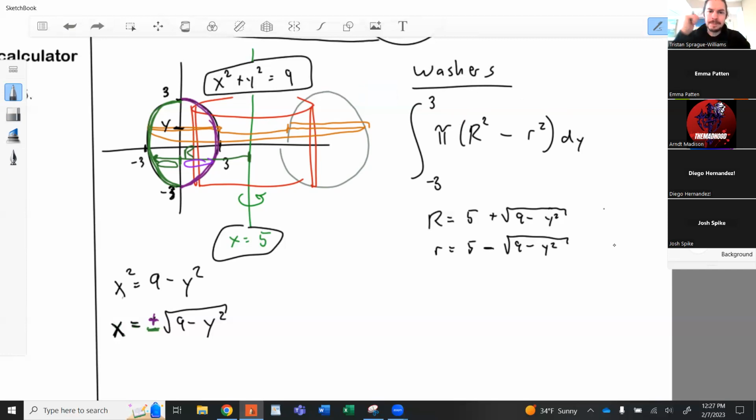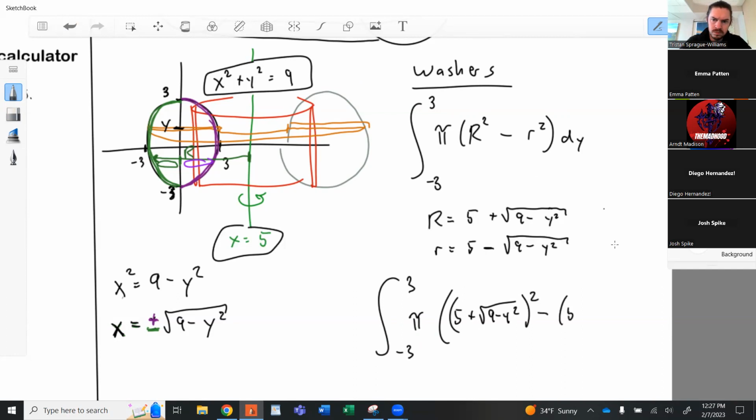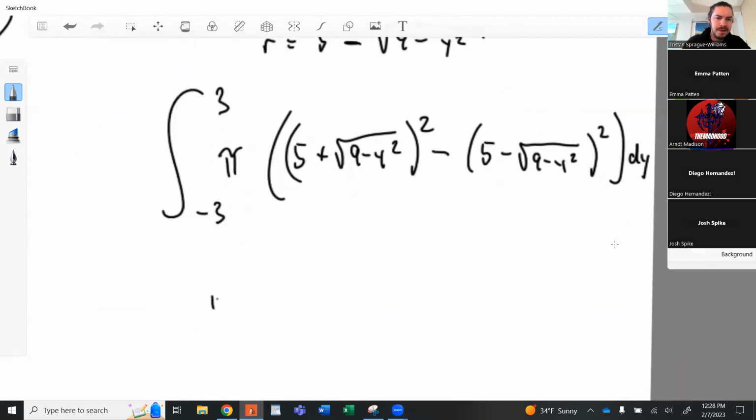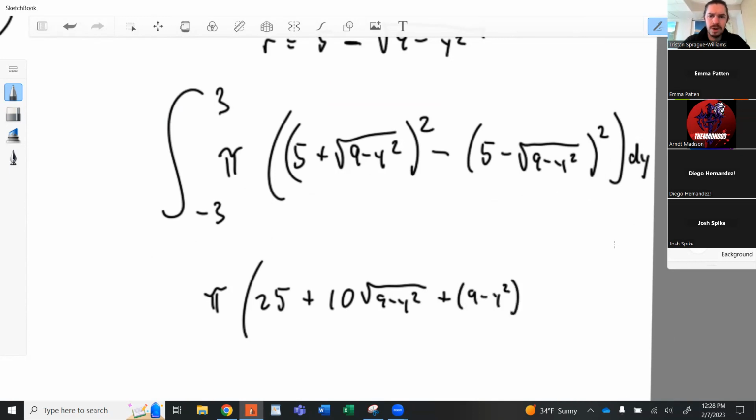So yeah, now putting these in here, we get a fairly yucky integral. Now it might simplify a little bit. We get 5 squared is 25, plus 10 square root of 9 minus y squared, plus 9 minus y squared when you square the square root.